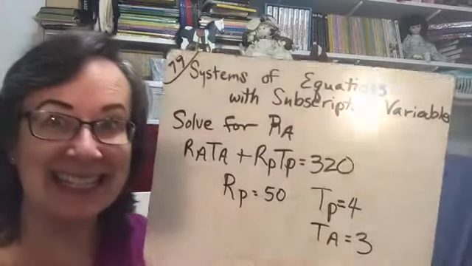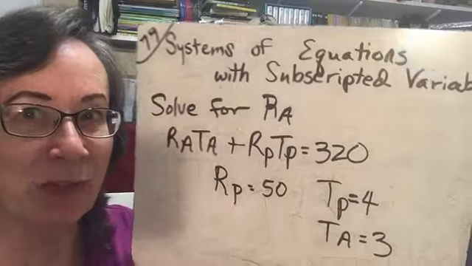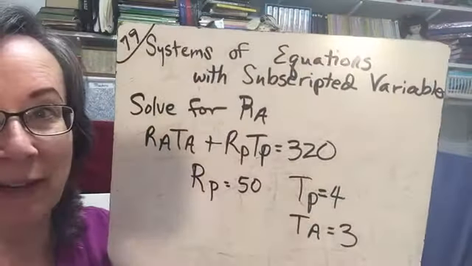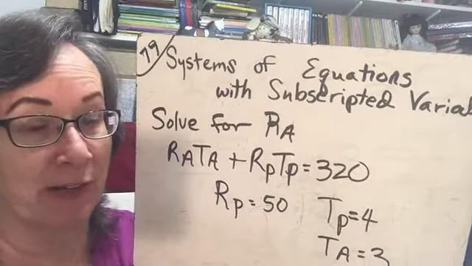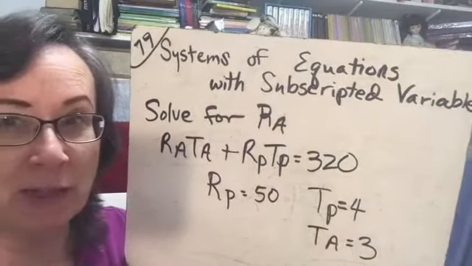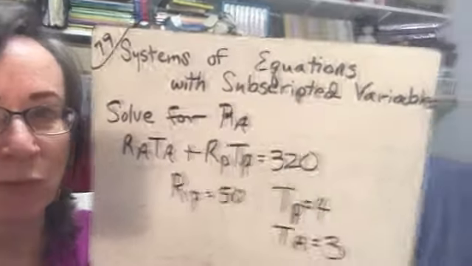Tonight we're doing lesson 79 in our Saxon Orange Book, Systems of Equations with Subscripted Variables. Now, sometimes it is useful to have subscripted variables, especially when we may be talking about two people in a problem instead of just one.